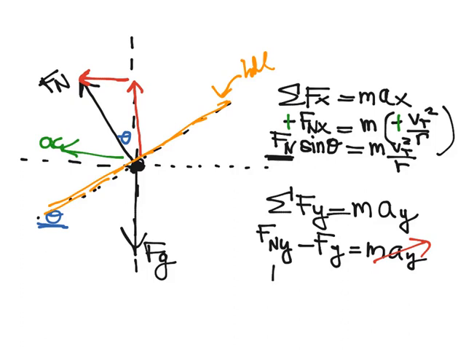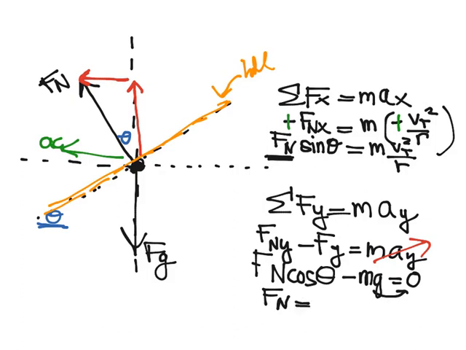So I have Fn cosine theta minus Fg, which is mg, equal to 0. I can solve for Fn. I'm going to bring mg to the other side and divide both sides by cosine theta, and I find that Fn is equal to mg divided by cosine theta.